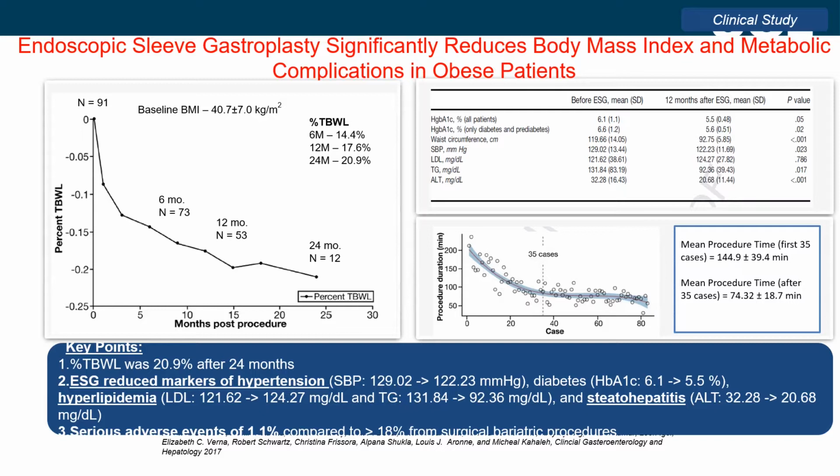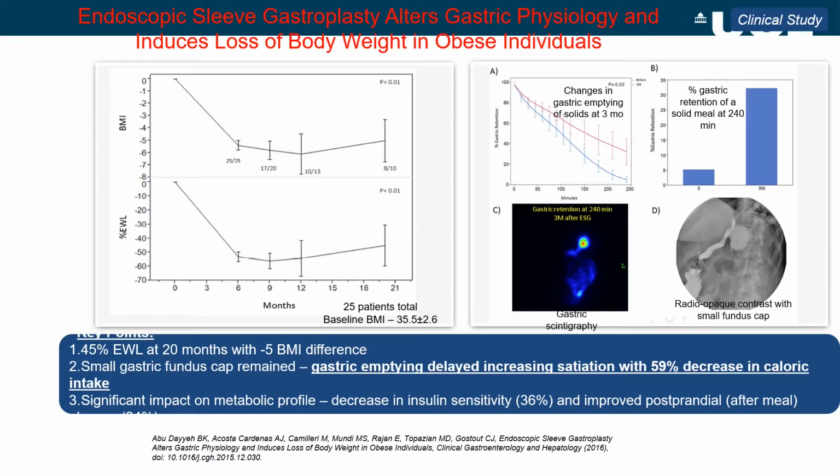But not only does ESG significantly reduce BMI, it can also impact metabolic complications in patients who are overweight, as evidenced here, where you can see that the A1Cs, but also the lipid and transaminase profile, improved significantly 12 months on from endoscopic sleeve gastroplasty.